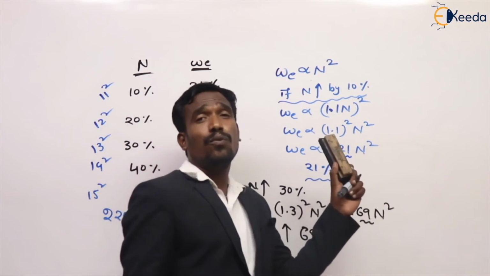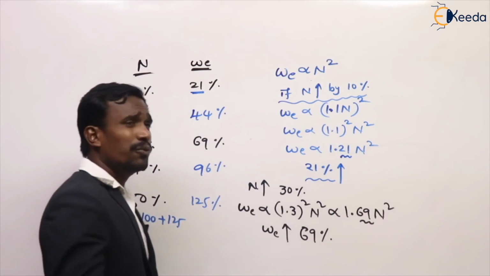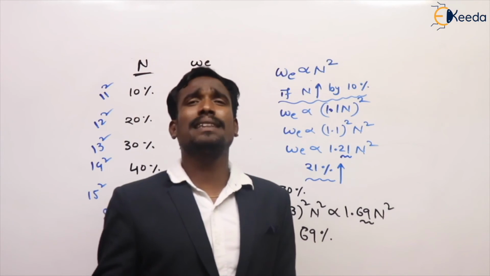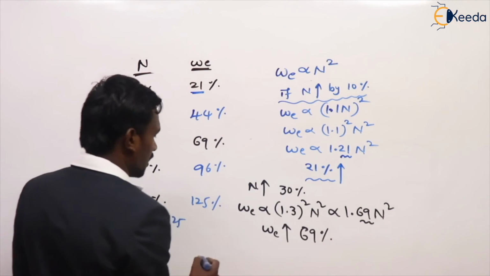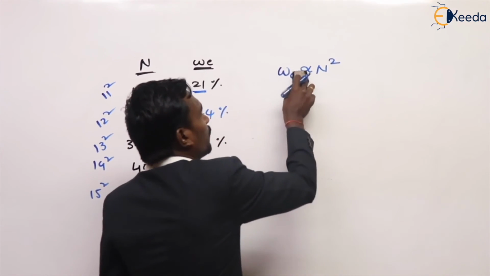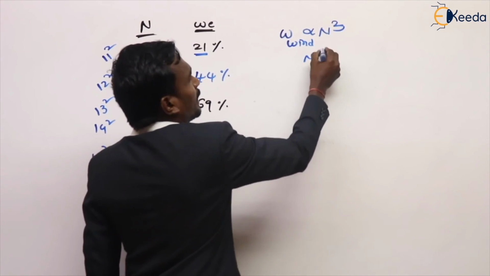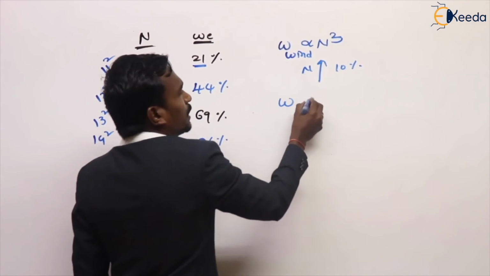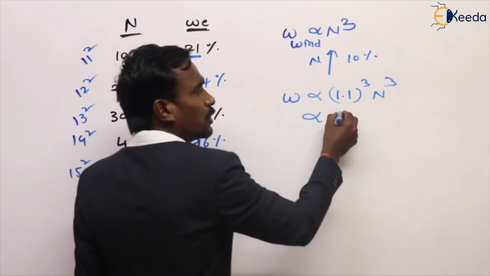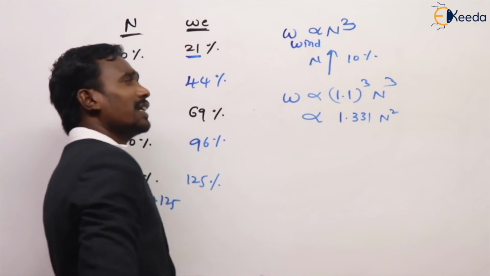Brush friction loss is also the same. Like that, if they give wind friction losses with cube, what is 11 cube? 1331, right? Let's go for wind frictional losses. Wind frictional losses are directly proportional to n cube. If speed increased by 10%, then wind friction loss is proportional to 1.1 cube times n cube, which is 1.331 n cube.